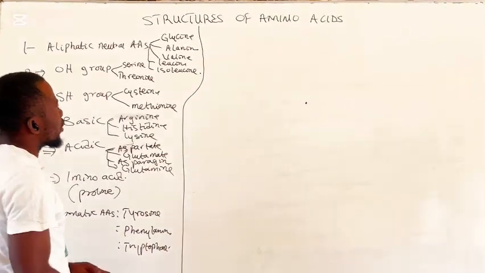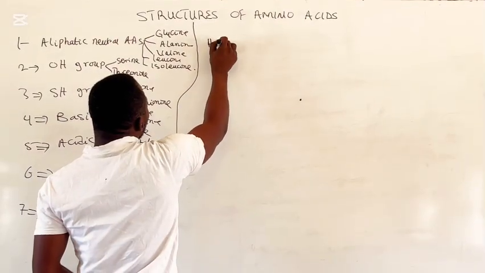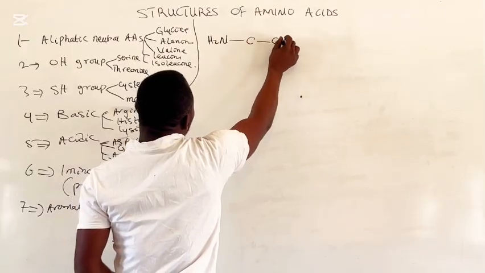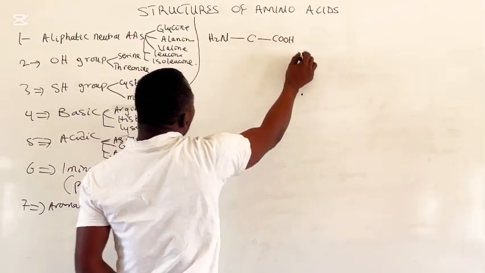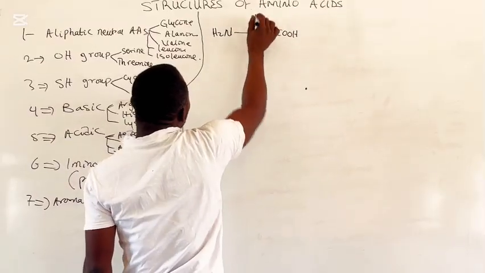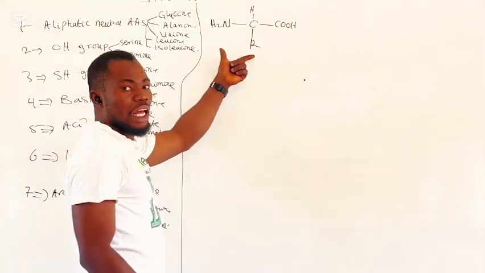And again, we should know that the general structure of an amino acid is an amine group attached to a carbon, which is attached to a carboxylic functional group, a distinct R side chain, and hydrogen. This is the general structure of an amino acid.